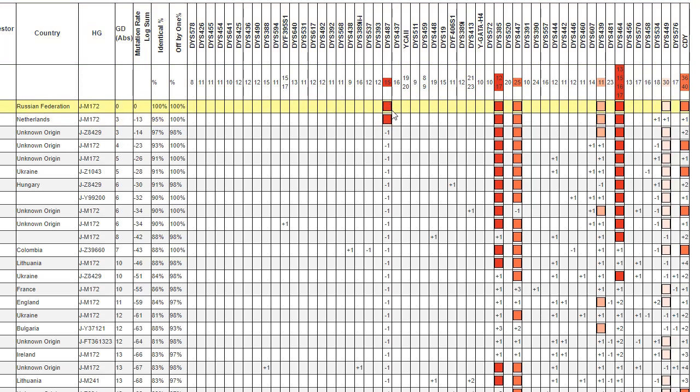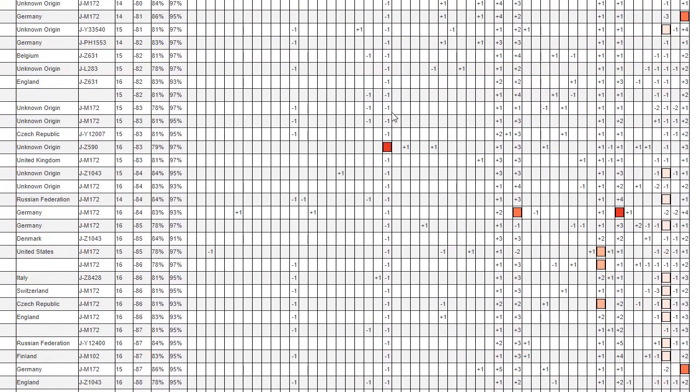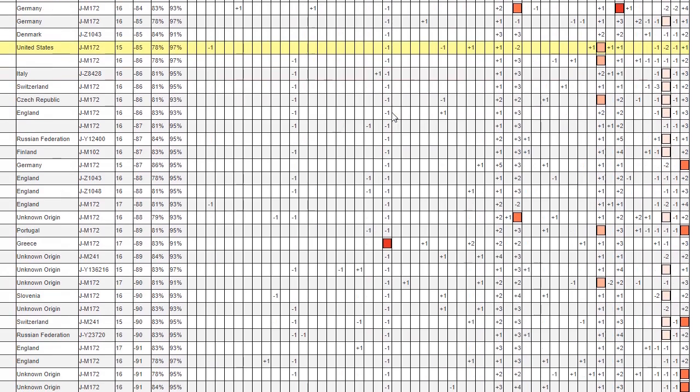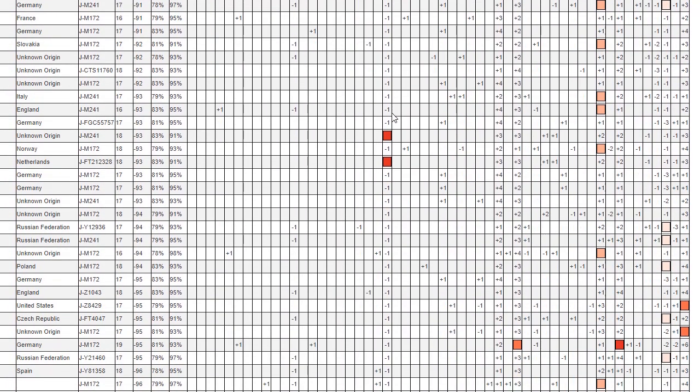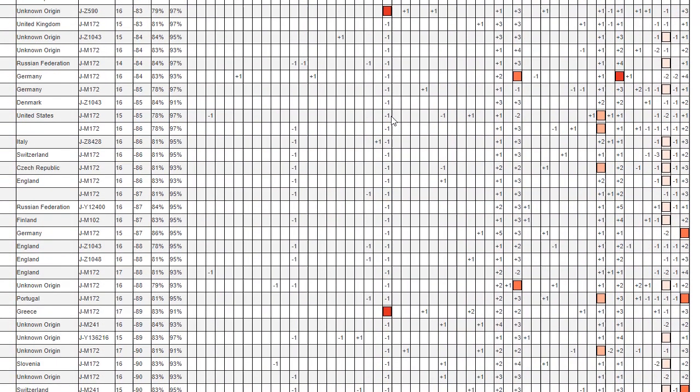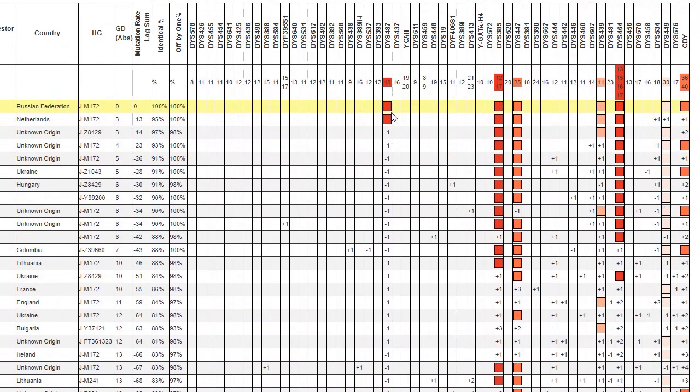It's rare. I'm going to scroll down. You see, look, almost nobody else has this. These other guys are just really distantly related, and they by chance have the same rare allele.